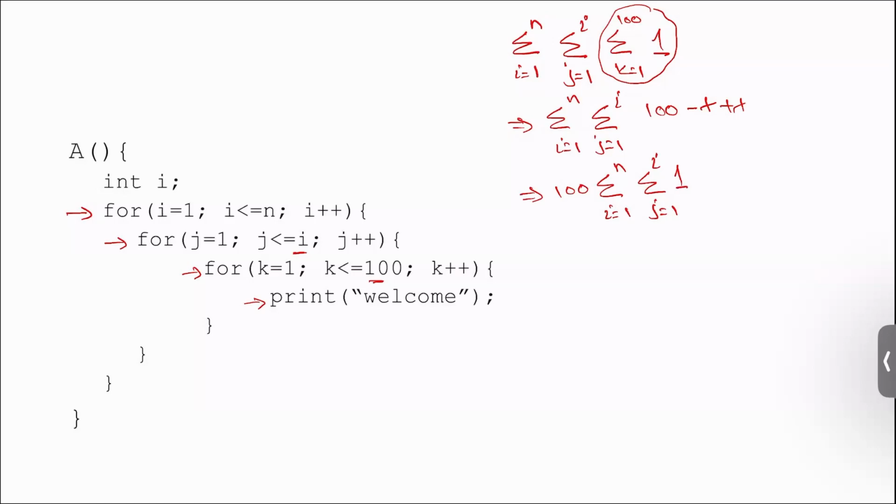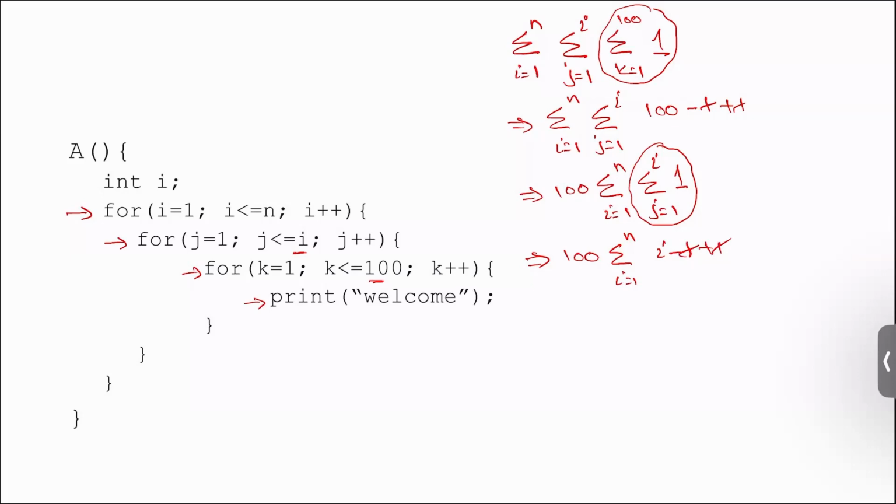Now we have to solve this one. Let's solve the inner summation as well. Let's see how we can solve it. So 100, i going from 1 to n. The upper limit is i, minus the lower limit, which is 1, plus 1 from the formula. So this 1 and 1 are cancelled out once again. Remaining is i.